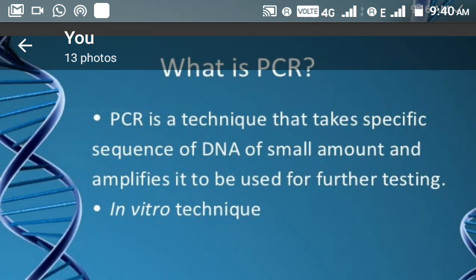But when that activity or vital process or experiment is done in living organisms such as bacteria, plants, animals, that is in vivo. So PCR is an in vitro technique, meaning outside organisms, in a test tube, in a machine we perform it. Okay, so this is PCR.